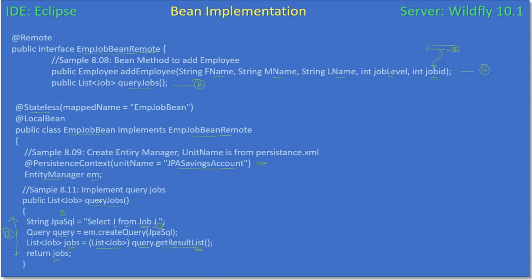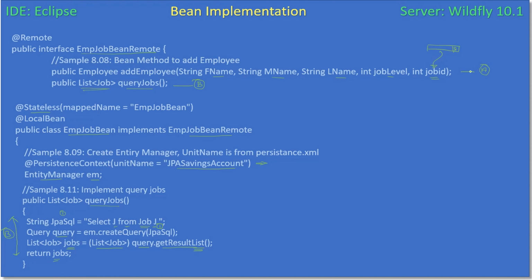So this implementation is over. The function return type is a list of job, right? So whoever calls this, they get a list of job.